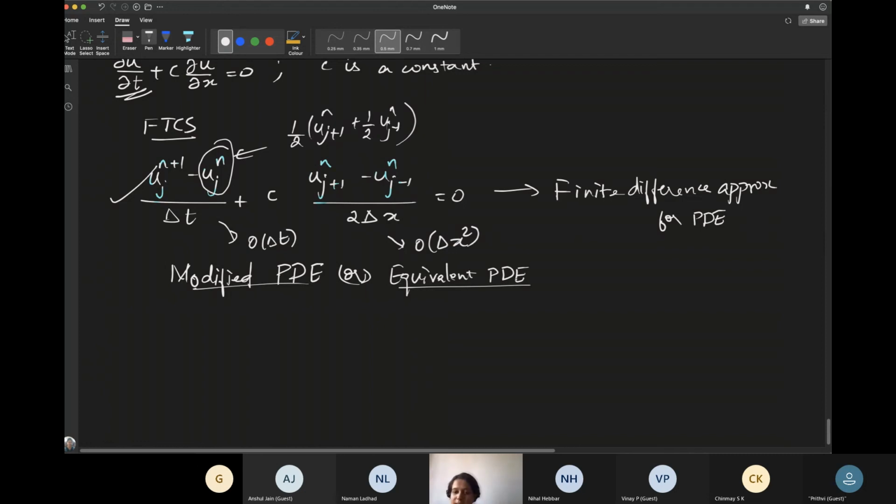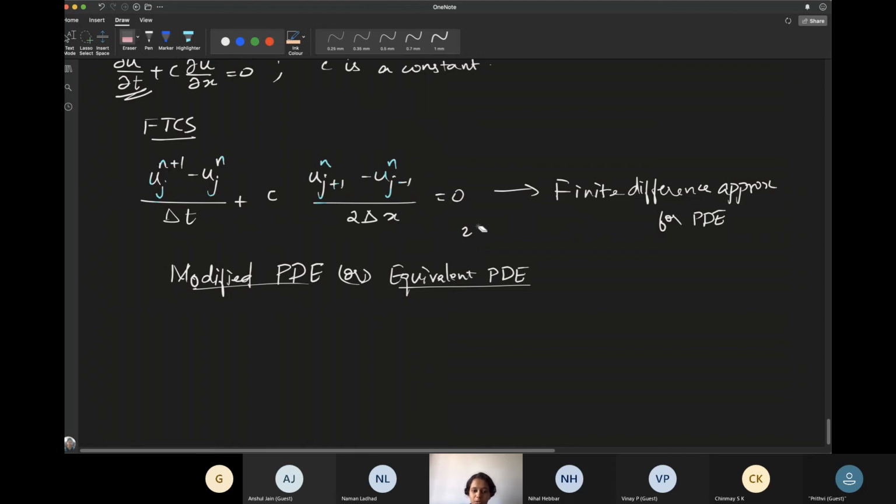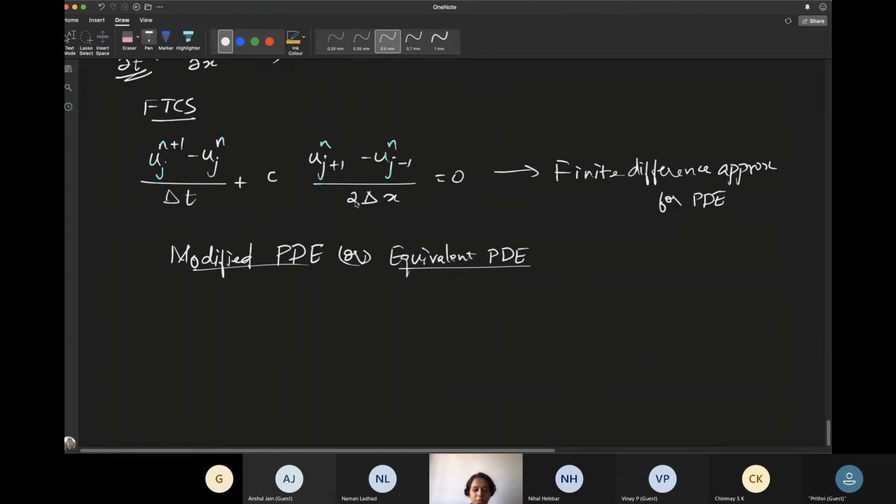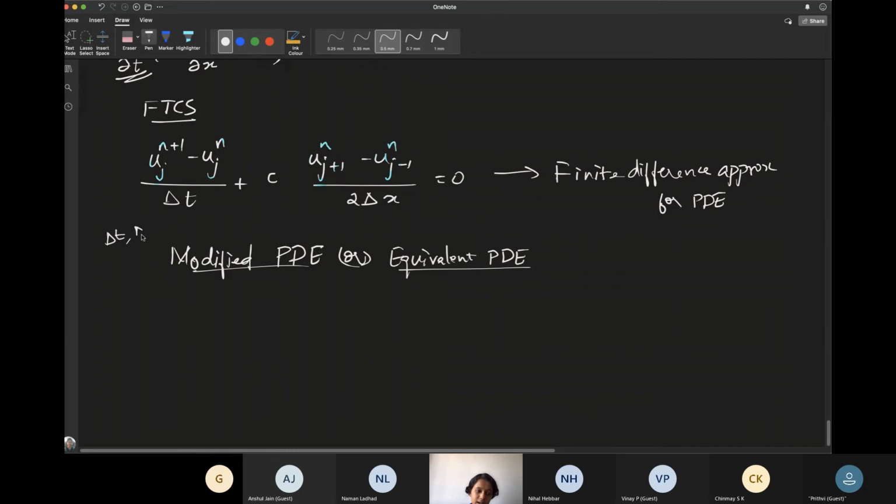For any random scheme like this, you do a modified PDE analysis to see your accuracy, that is, to see of which order your parameters delta t and delta x are in this equation.